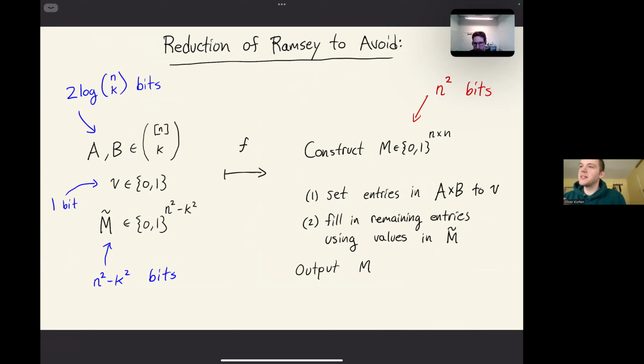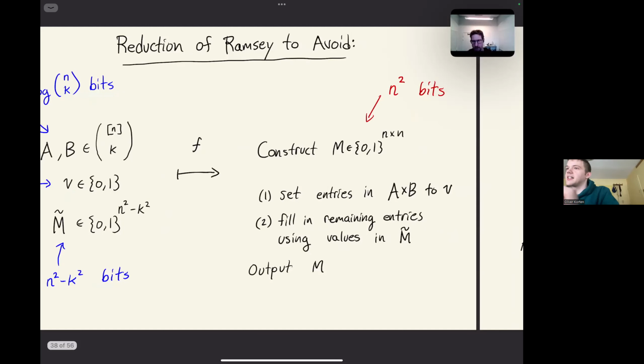I need 2 times that many bits to specify A and B, then specify the value, and then the rest of the matrix, because A cross B is going to take up k squared entries. And then exactly like you said, if you just count up these numbers with k a little bit larger than log n, you'll get that all of this is less than n squared.